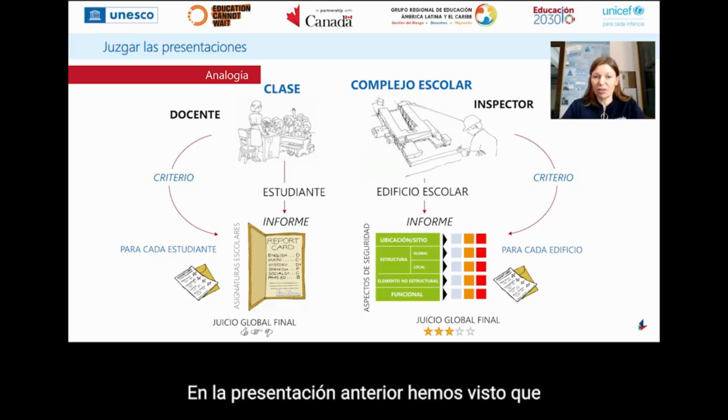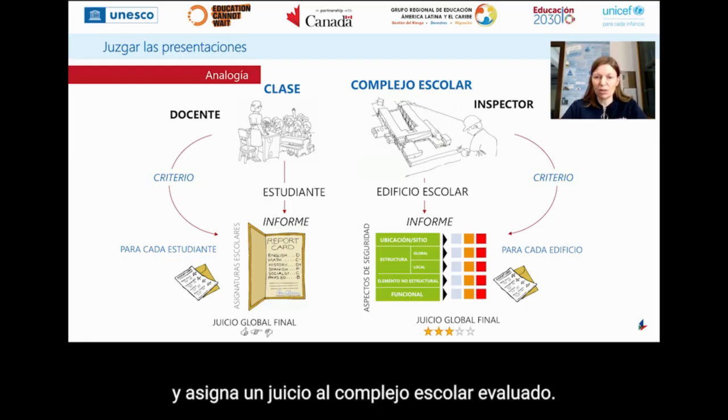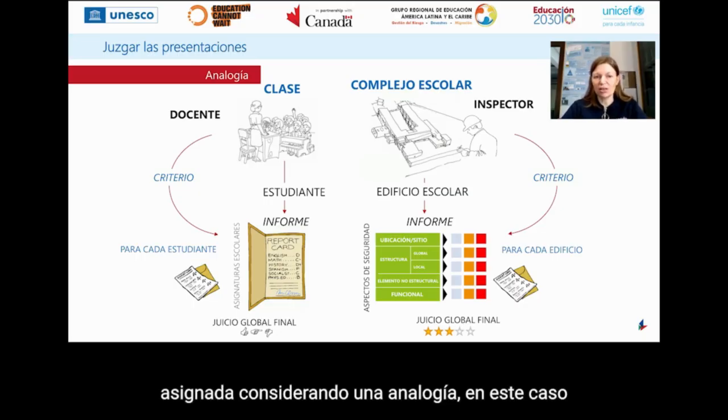In the previous presentation, we have seen that the VISUS methodology aims at performing a triage assessment and assigns a judgment to the school complex assessed. This assessment is assigned considering an analogy with a class, with the evaluation that the teachers apply to students.